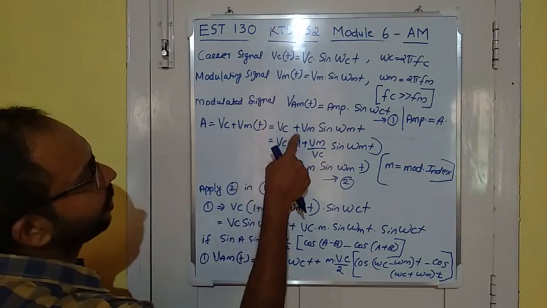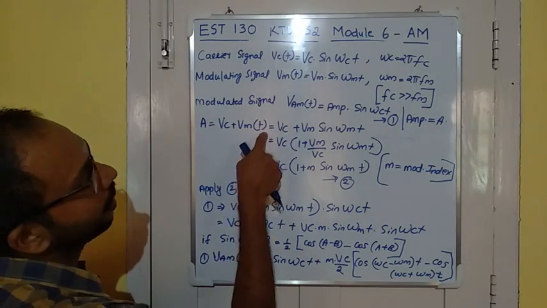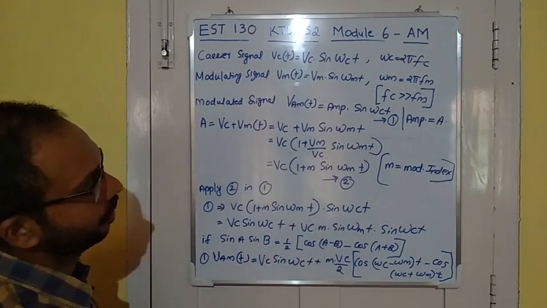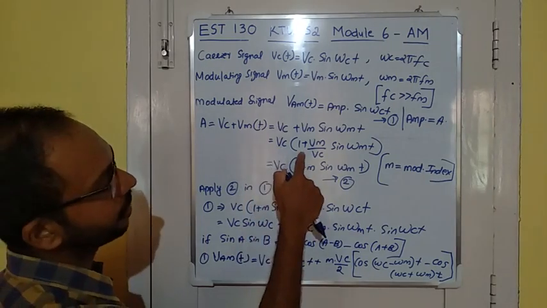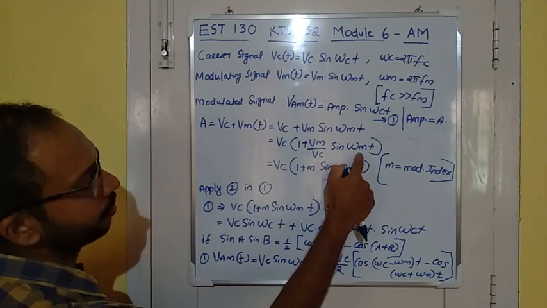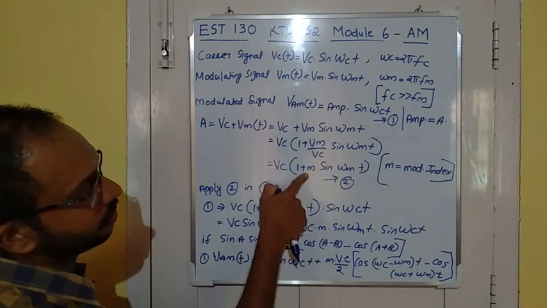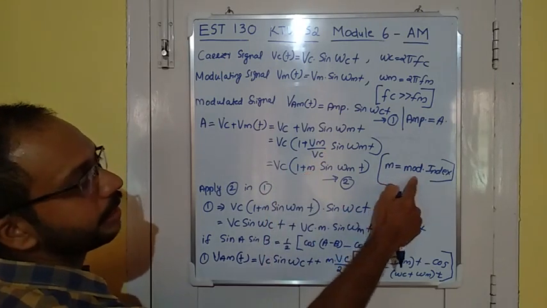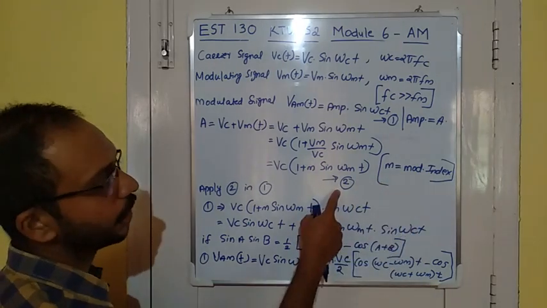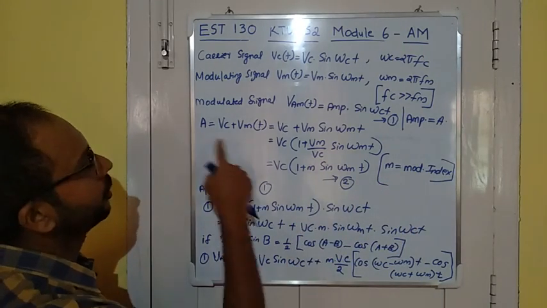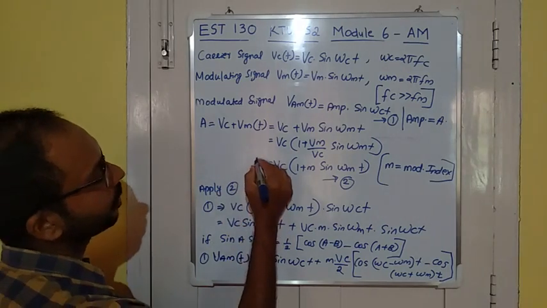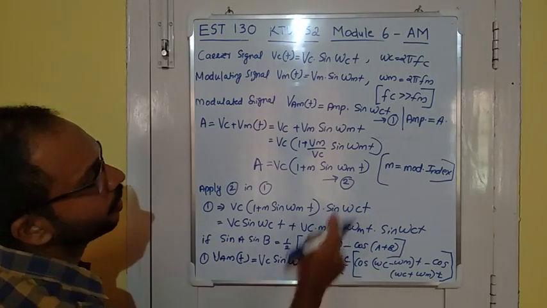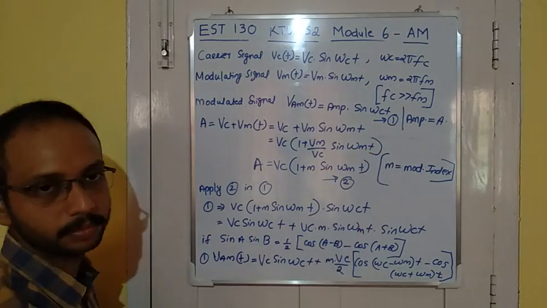So Vc plus, what is Vm of t? Vm of t is equal to Vm sin omega mt. Take Vc common: 1 plus Vm by Vc sin omega mt, and Vm by Vc is equal to small letter m, where m is the modulation index. So this is equation number 2. That means A is equal to equation number 2. A means the amplitude, and this is equation number 1.